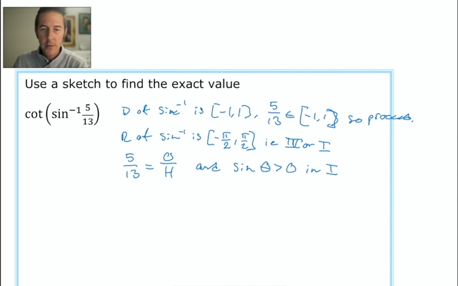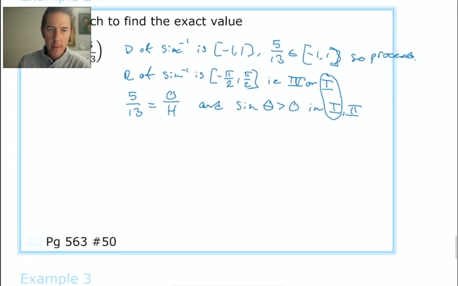They're all positive in the first quadrant, all the trig functions, and students stands for sine, which happens in the second quadrant. So we're definitely going to be drawing our diagram in the first quadrant. Let's do that. I need opposite over hypotenuse to be 5/13.